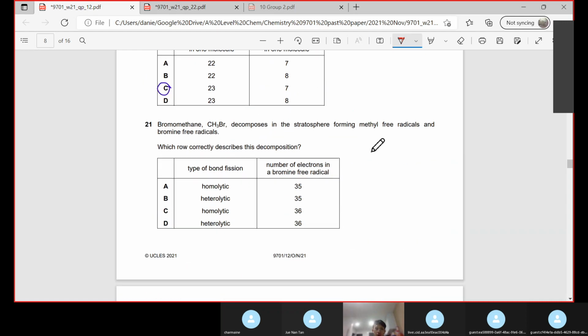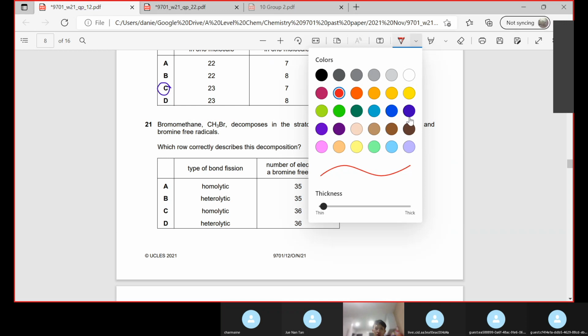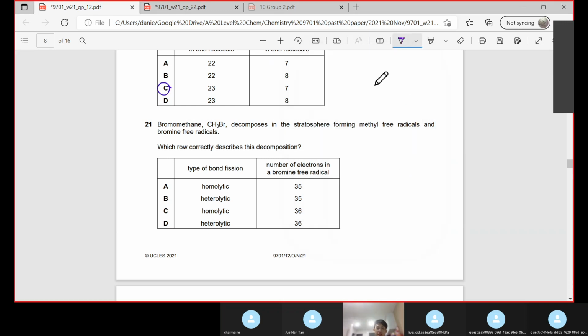Okay, 21. In order to produce free radicals, the bond fission has to be homolytic.